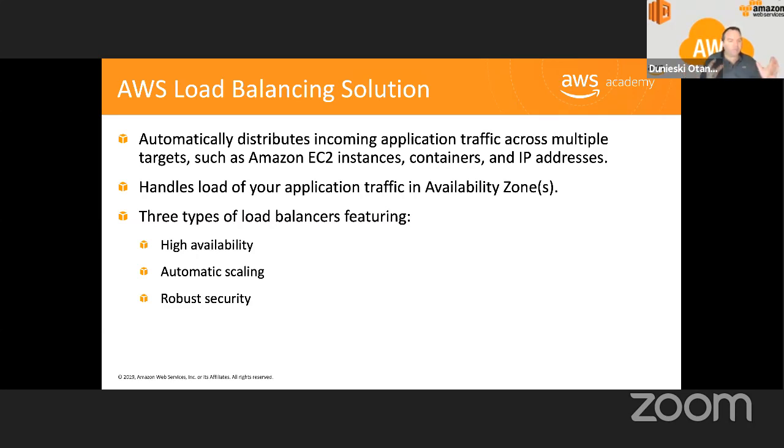It's a zone specific service, so you have to enable cross zone to be able to use it in a different availability zone. It's highly available when you enable this cross zone feature. It automatically scales, that's true, and it has robust security. Remember, it's managed, so you have to do some configuration there.